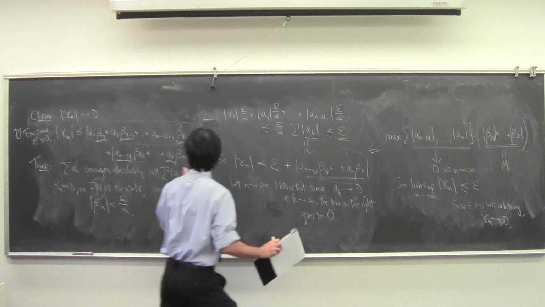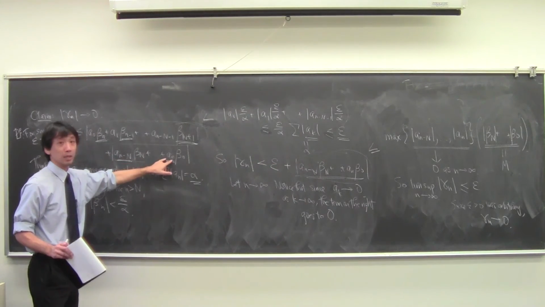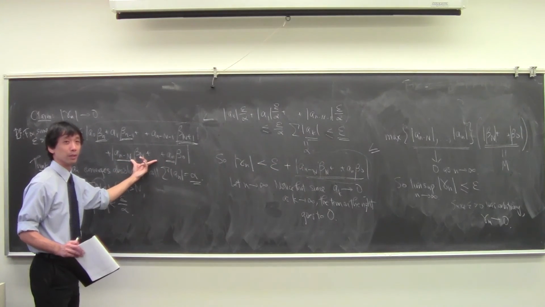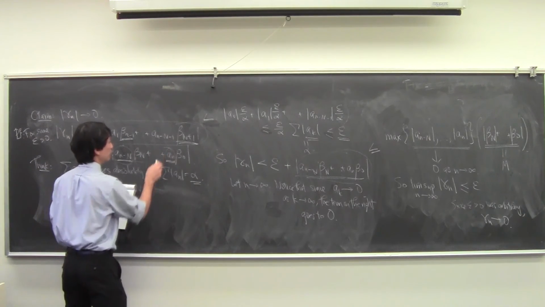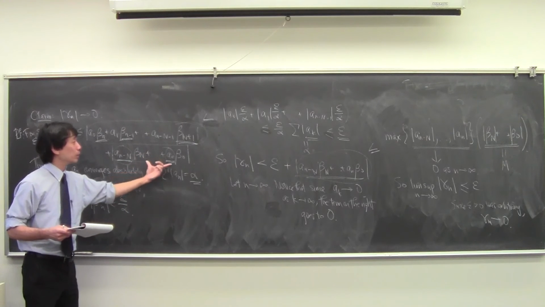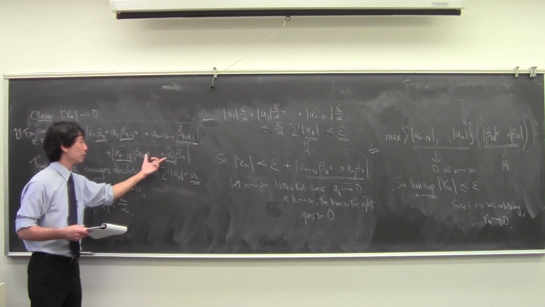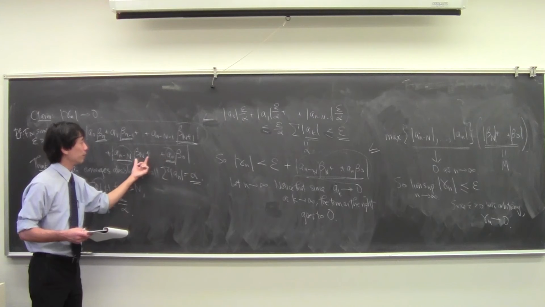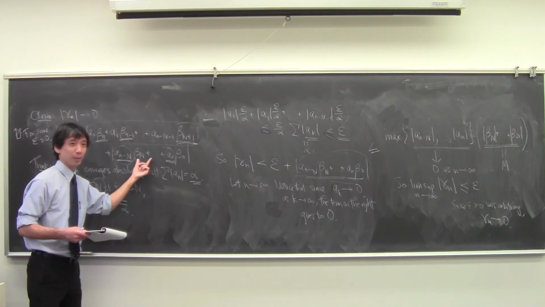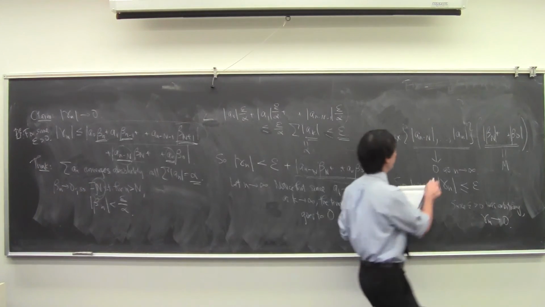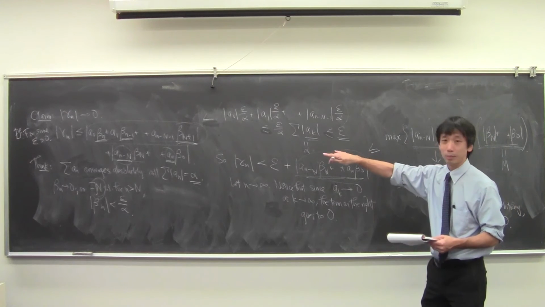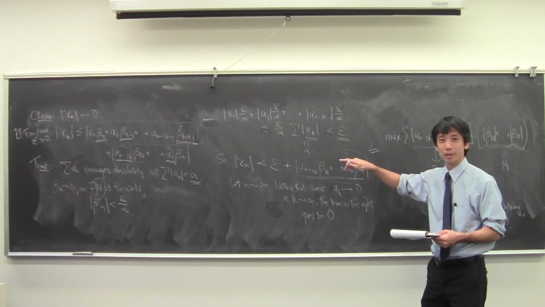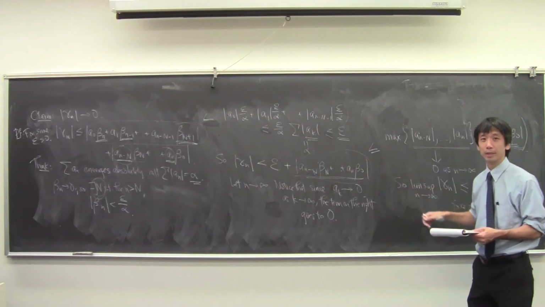So you can make these coefficients as small as you want, and using the triangle inequality again, you're multiplying them by a finite number. So you have some constant multiplied by something you can make as small as you want. So that goes to 0 also.